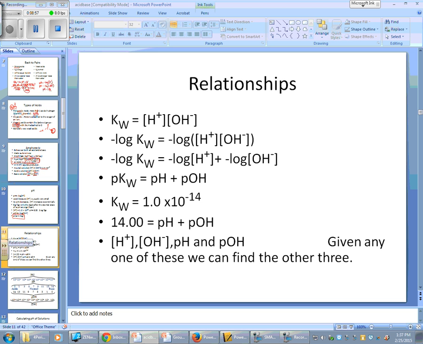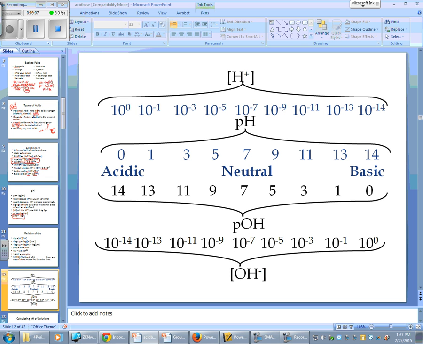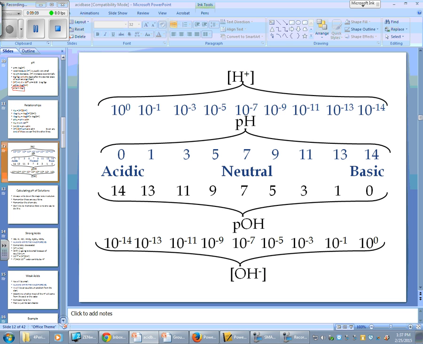So then we have more relationships here that, again, we talked about before in the last little podcast, and our pH scale.